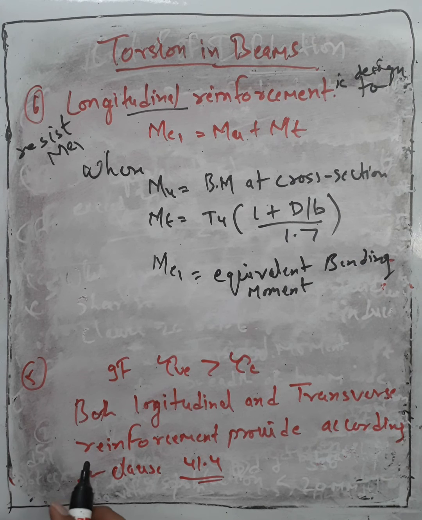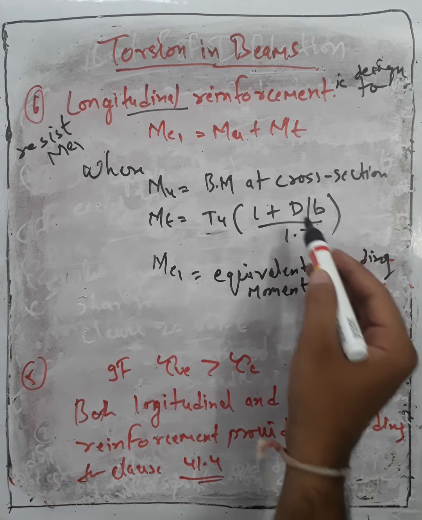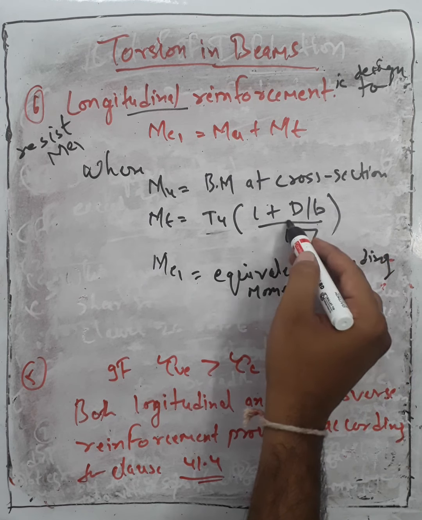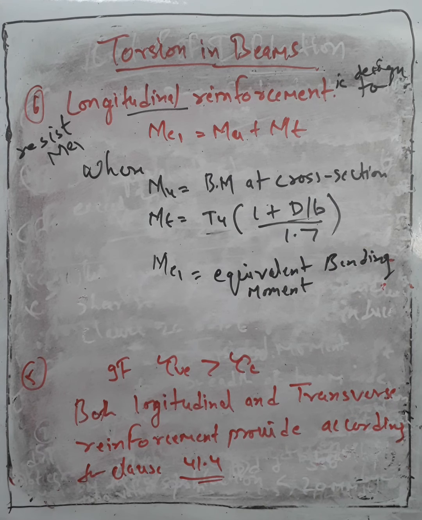This is the case when we apply reinforcement on the tension side. Here you know that Tu is the torsional moment, B is the width of the beam, and D is the overall depth.